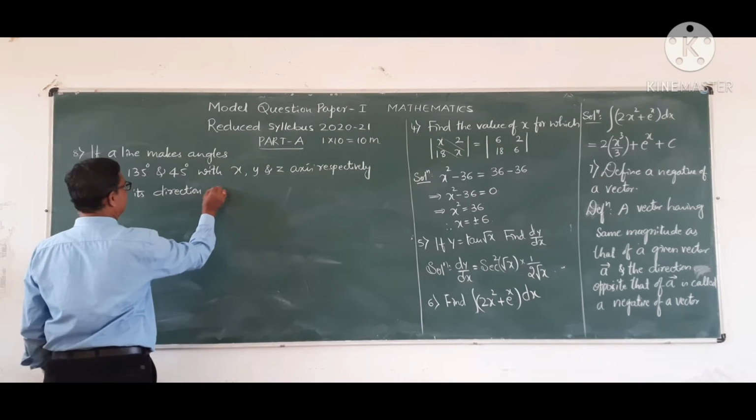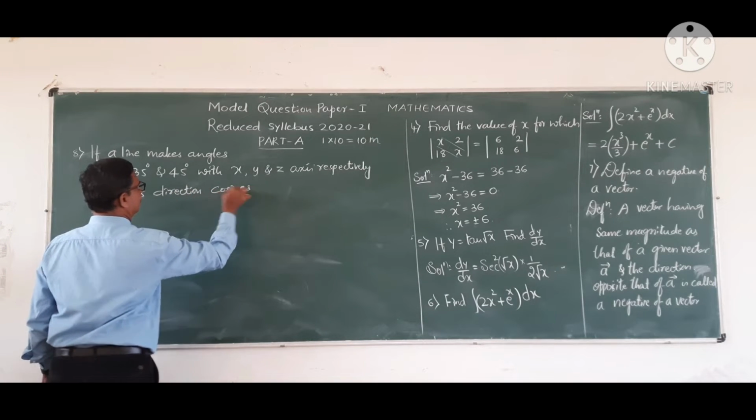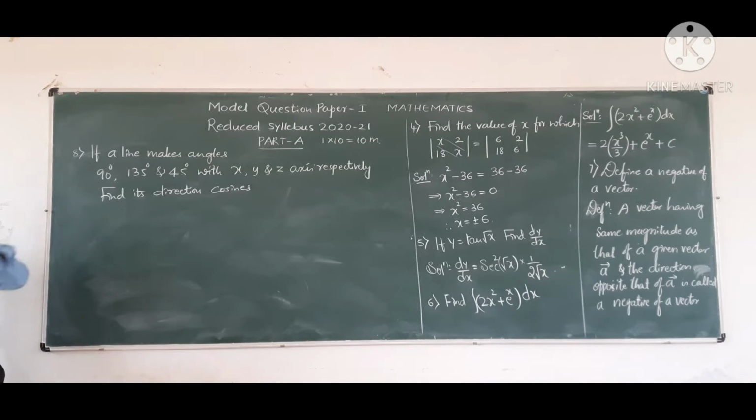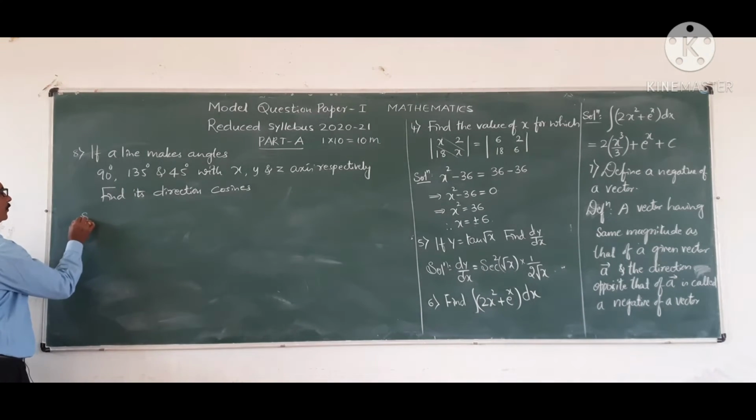Here, three angles are given, 90 degree, 135 degree and 45 degree with the positive direction of x, y and z axis respectively. Find its direction cosines.